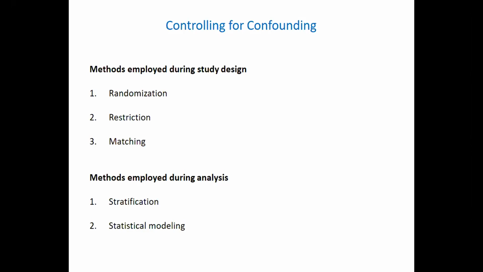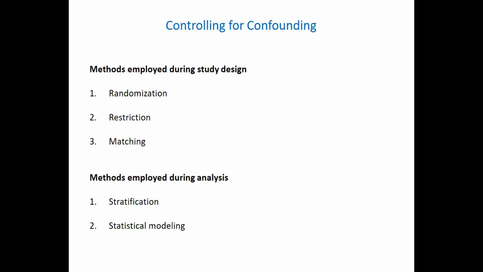The matching just means that consciously, if you recruit one person that has one attribute, that particular confounder of interest, into one group, you make sure that there will be a corresponding person that has the same attribute in the other group, so that they cancel out. The number that have the attribute on one side is equal to the number that have the attribute on the other side. They already cancel each other out. That is matching.